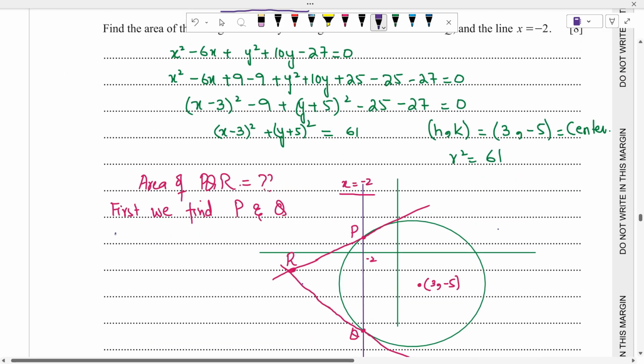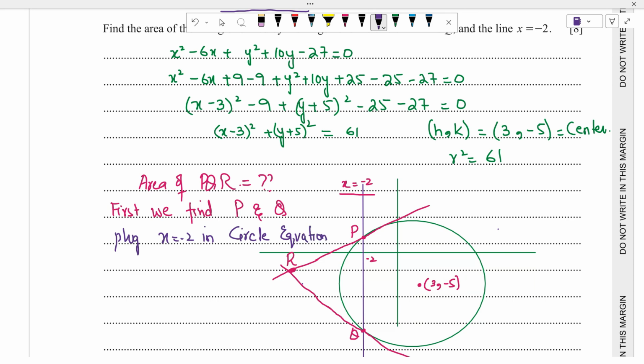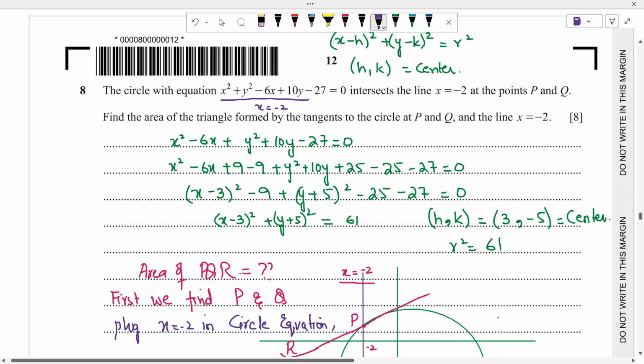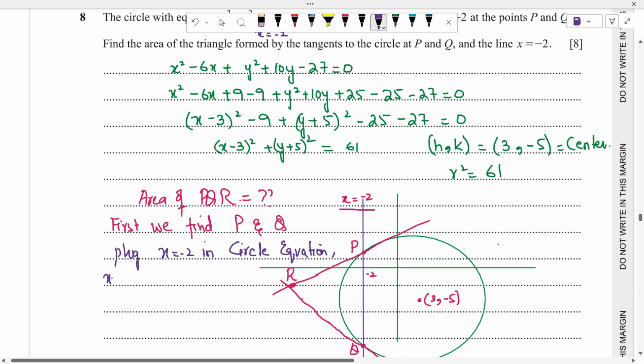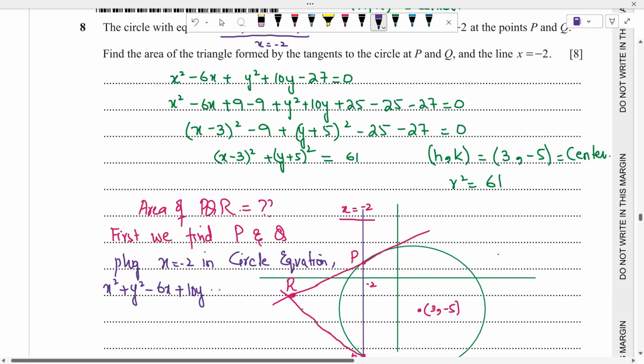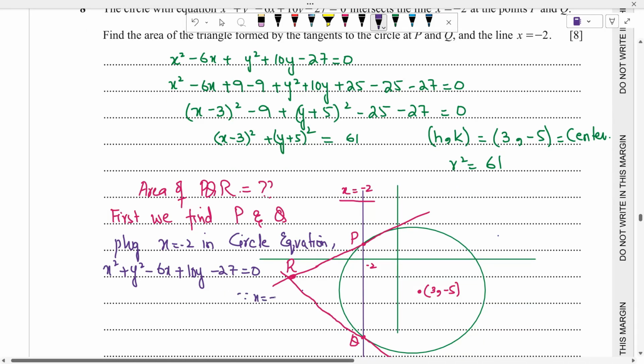So plugging x is equal to -2 into the circle equation, x squared plus y squared minus 6x plus 10y minus 27 equal to 0, and in this case x is equal to -2.